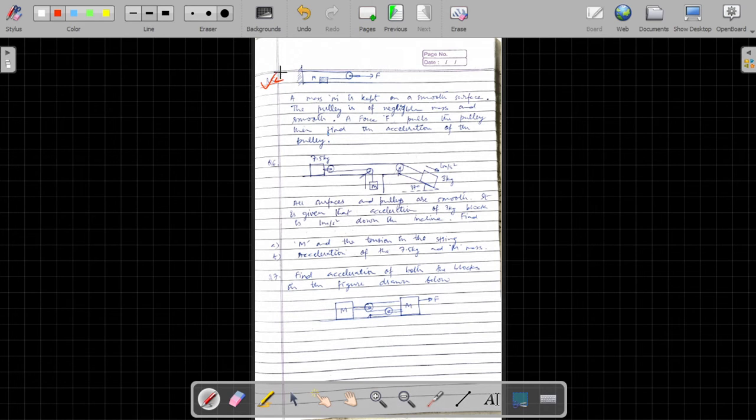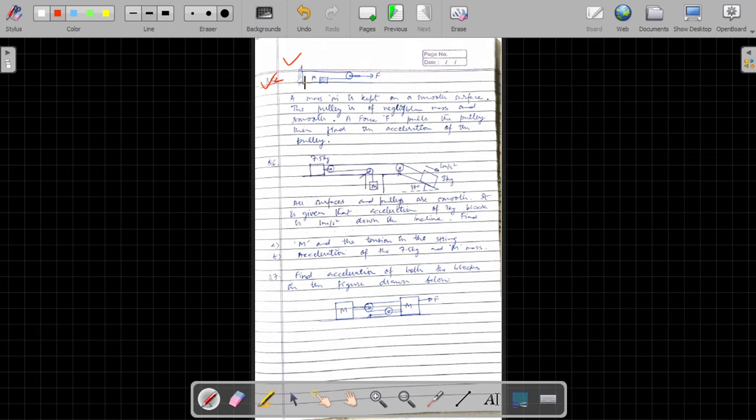The first question which we have is: a mass m is kept on a horizontal surface. The pulley is of negligible mass and smooth. A force F pulls the pulley towards right. Now to find the acceleration of the pulley.